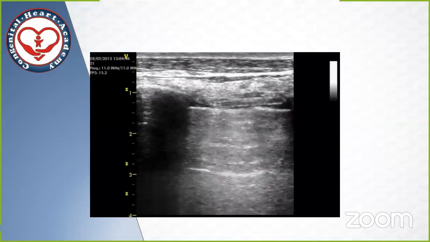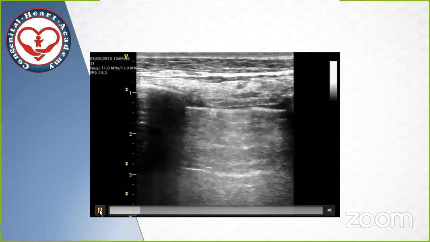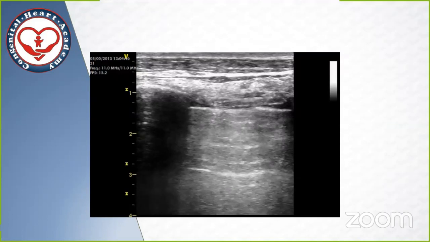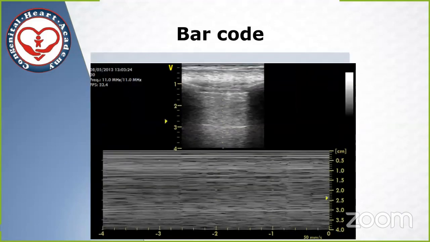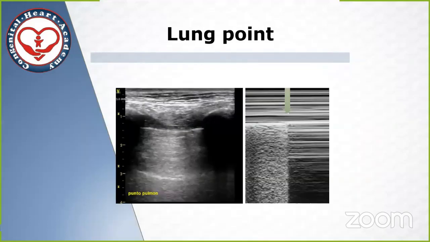Based on what I told you before, here we are looking at an ultrasound that doesn't show any lung sliding. The absence of lung sliding, which in M mode will give you the image of a barcode, completely different from the seashore sign, will give us the diagnosis of pneumothorax.